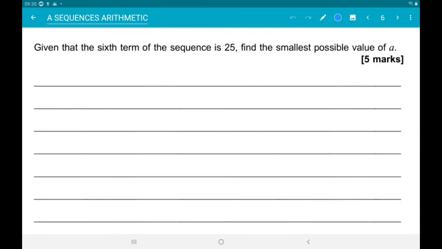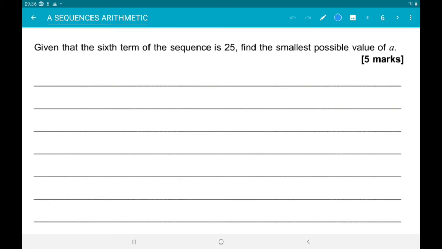Part B, this might be a tricky one. Given that the sixth term is 25, find the smallest possible value of a. Alright, so let's do what we can with the sixth term. So we know the nth term is a add n minus 1 d.